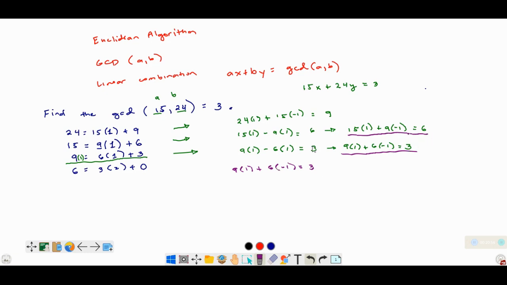So, 6 is said to be equal to 15 times 1 plus 9 times negative 1. So, we are going to replace 6 here by these numbers. So, we have 9 times 1 plus, what is the value of 6? We have 6 is equal to 15 times 1 plus 9 times negative 1.